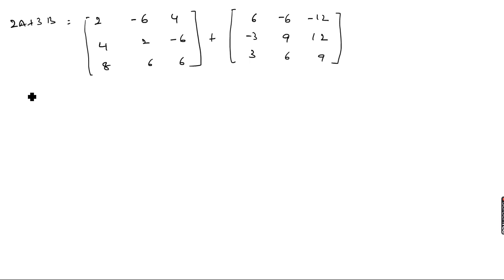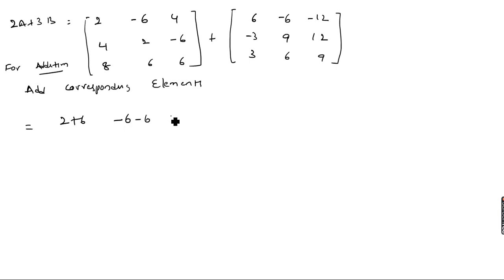For addition and subtraction, add corresponding elements. So that is nothing but 2 plus 6, -6 minus 6, 4 minus 12, 4 minus 3, 2 plus 9, -6 plus 12, 8 plus 3, 6 plus 6, 6 plus 9.